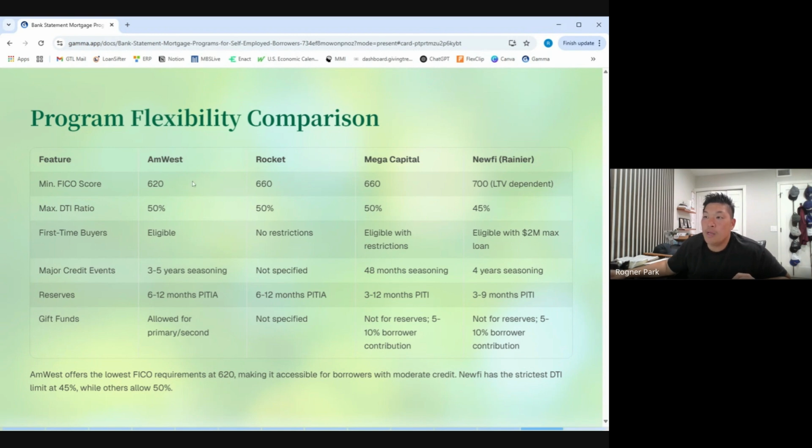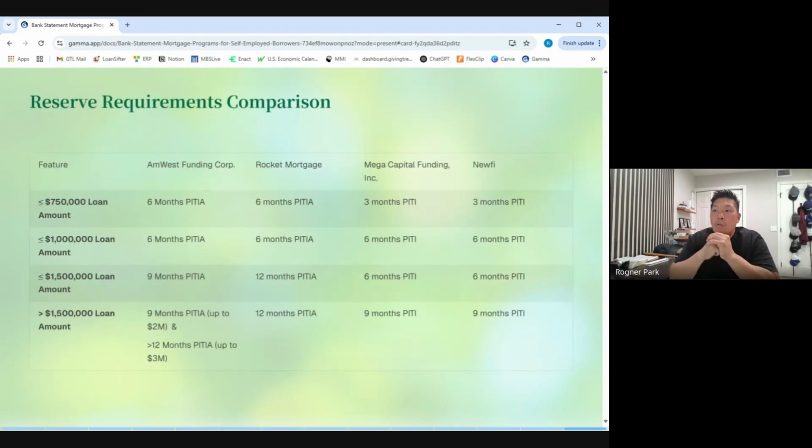Though AmWest does allow you to go to 620 and 50%, you'll notice on the next screen that their reserve requirements are a little bit higher than, say, NewFi's. Do you guys see that difference? NewFi, right off the bat, if it's under 750, only requires 3 months. AmWest is going to require 6 months. Even at the higher loan amounts, like 1.5 or lower, NewFi only requires 6 months, whereas AmWest is going to require 9 months.